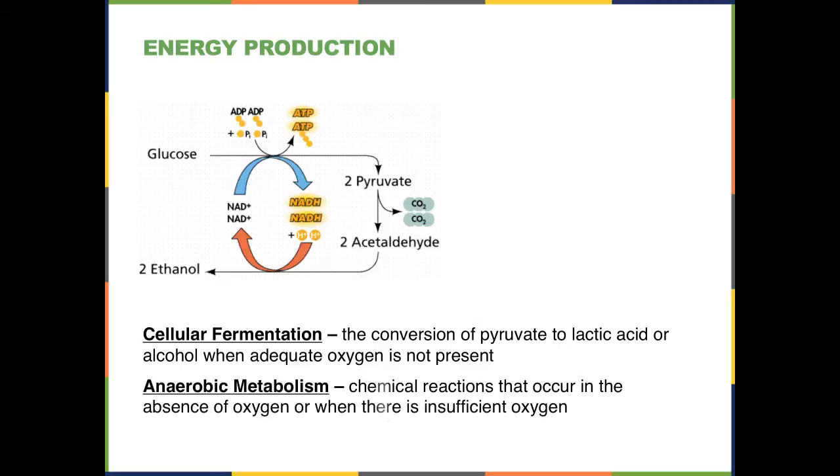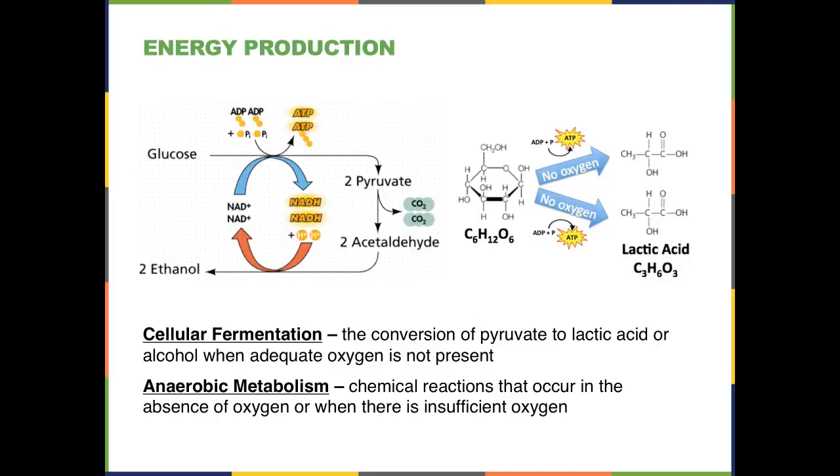Now the other process that occurs in animal systems is called anaerobic metabolism or lactic acidosis. And this is what occurs in that situation. In a situation where there is no oxygen present, the glucose is converted directly into lactic acid.